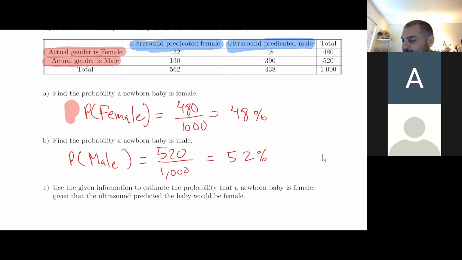The reason I know that is because it says given that. So they're giving us the information that the ultrasound predicted the baby will be female. So what we want to do here is only focus on babies who were predicted to be female.